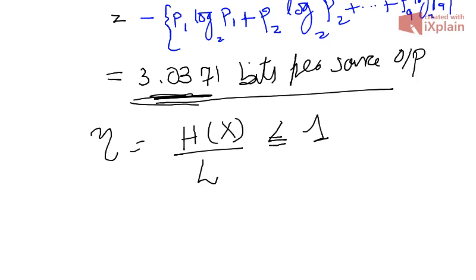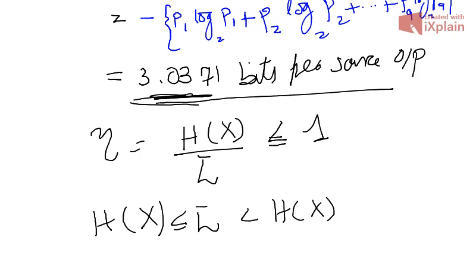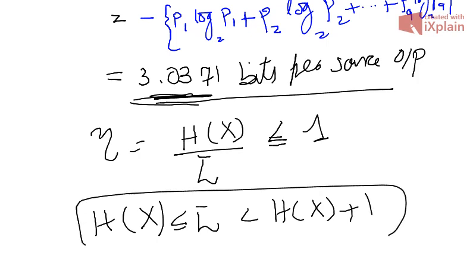But it is always less than or equal to 1. The average code word length which we just computed is always a number between the entropy and the entropy plus 1, right? It is always a number between H(X) and H(X) plus 1.